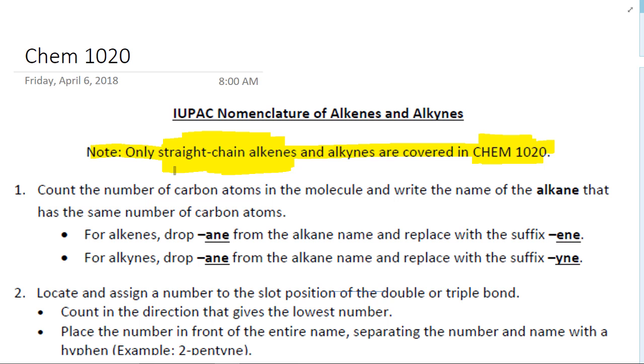But here's what the convention says. It says to count the number of carbon atoms in the molecule, and we're going to write the name of the alkane that has the same number of carbon atoms. If we have an alkene, then we drop the ane suffix from the alkane name and replace it with the suffix ene. For the alkynes, we'll drop the ane suffix from the alkane name and replace it with the suffix yne.